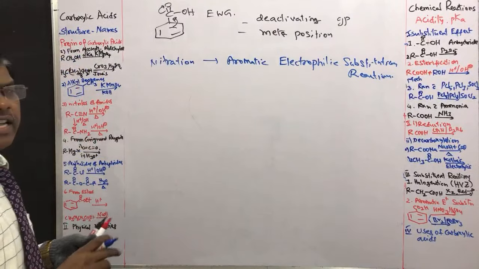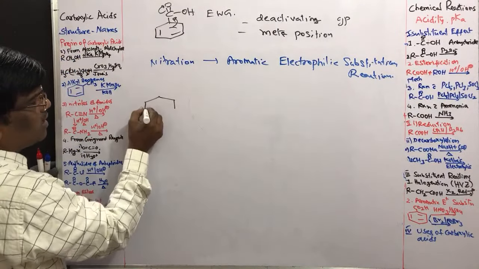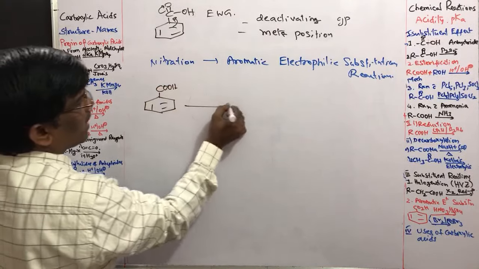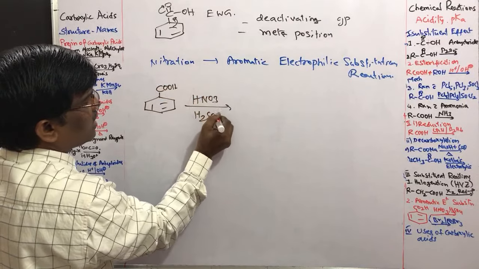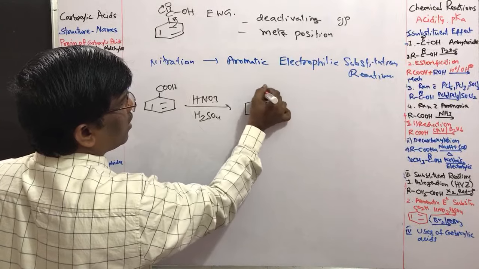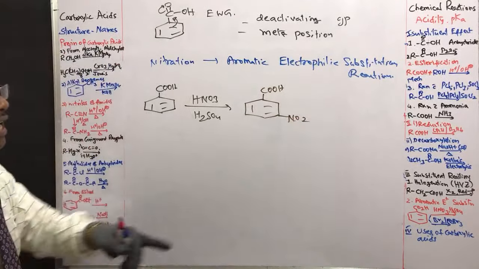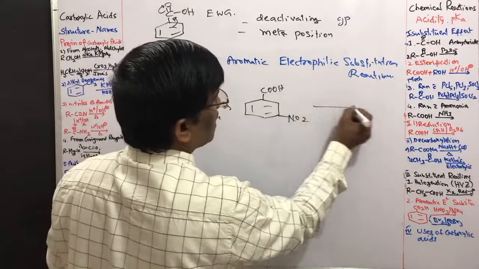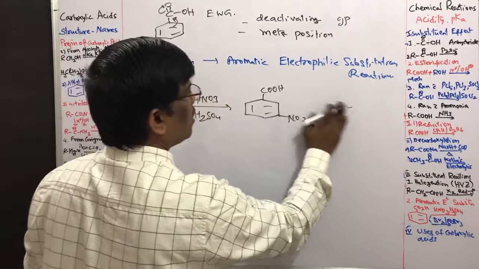So benzoic acid upon reacting with HNO3 and sulfuric acid, I am going to get meta-nitrobenzoic acid. So if you are asked to make meta-nitrobenzoic acid, don't write the acylation reaction or carboxylation of nitrobenzene. Do the nitration.